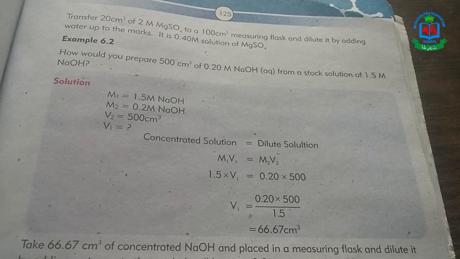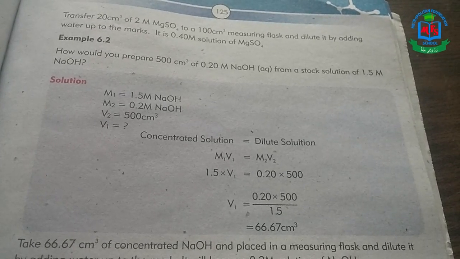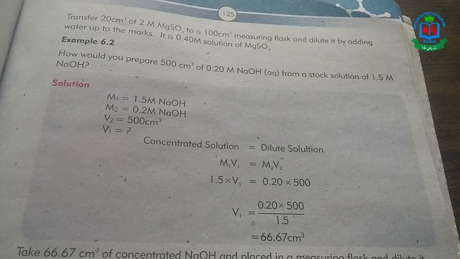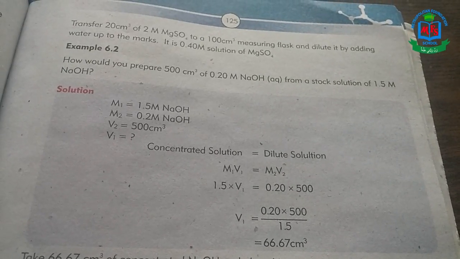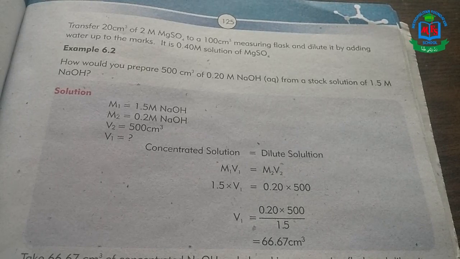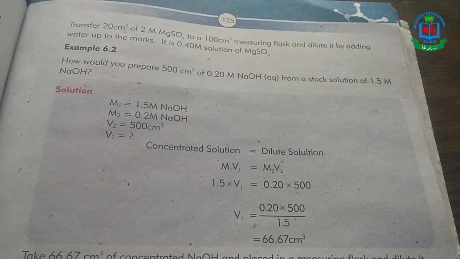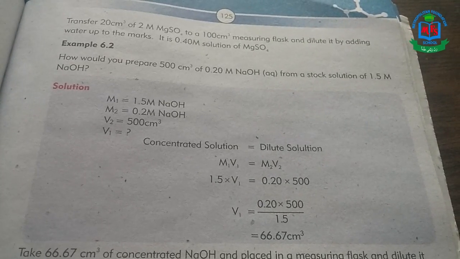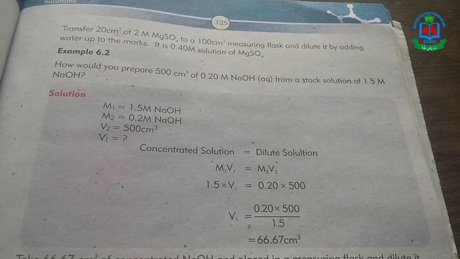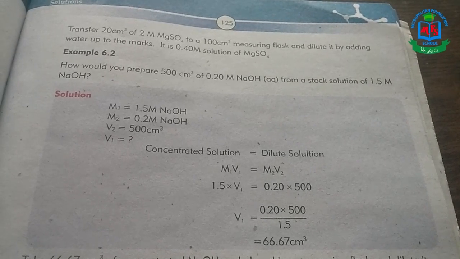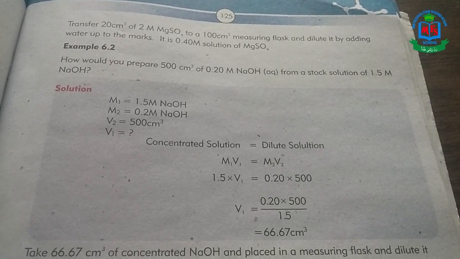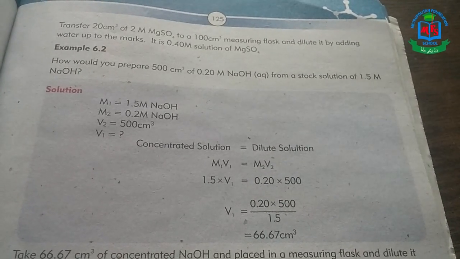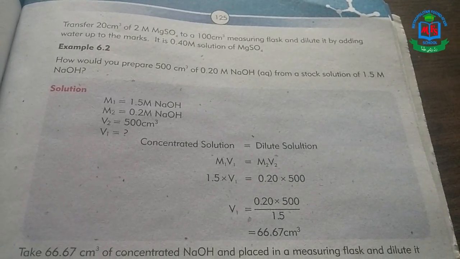The formula is: concentrated solution is equal to dilute solution, and its formula is M1V1 is equal to M2V2. We already discussed M1 and V1. M1 is the molarity of the concentrated solution, V1 is the volume of the concentrated solution, M2 is the molarity of the dilute solution, and V2 is the volume of the dilute solution.